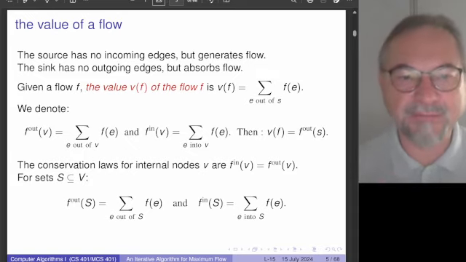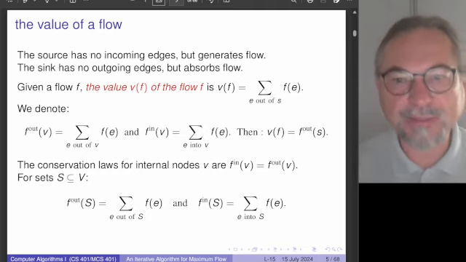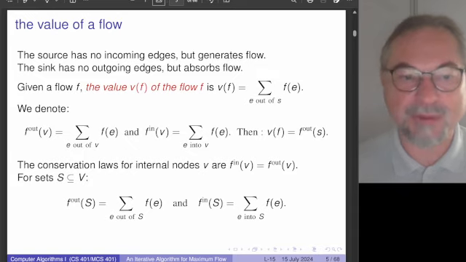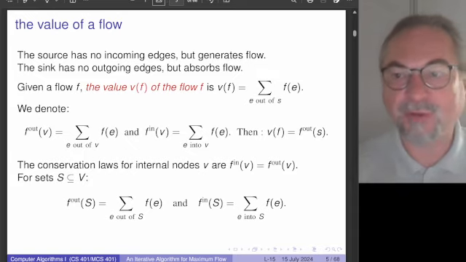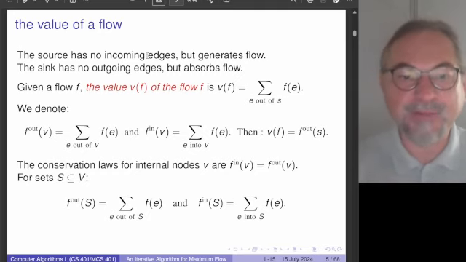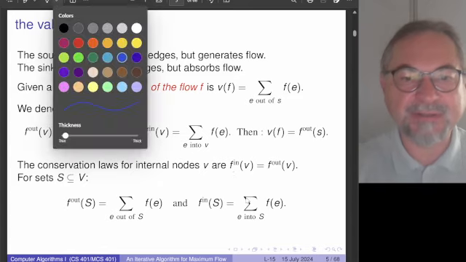So the value of the flow is typically, by the conservation laws, whether we talk about the incoming or the outgoing, actually just the same. I should emphasize this.